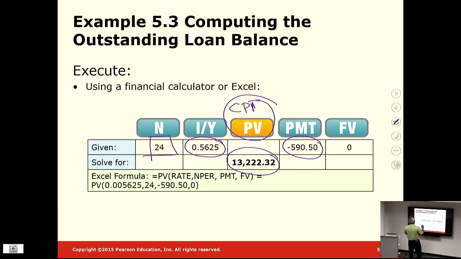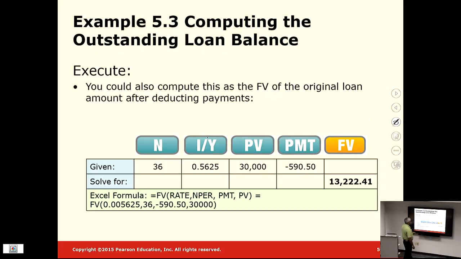Since I have 24 payments of $590.50, the present value of those 24 payments at an interest rate of 0.5625 per month, or 6.75 per year, is $13,222. That's the way you calculate the amount you still owe once you have made the payments.